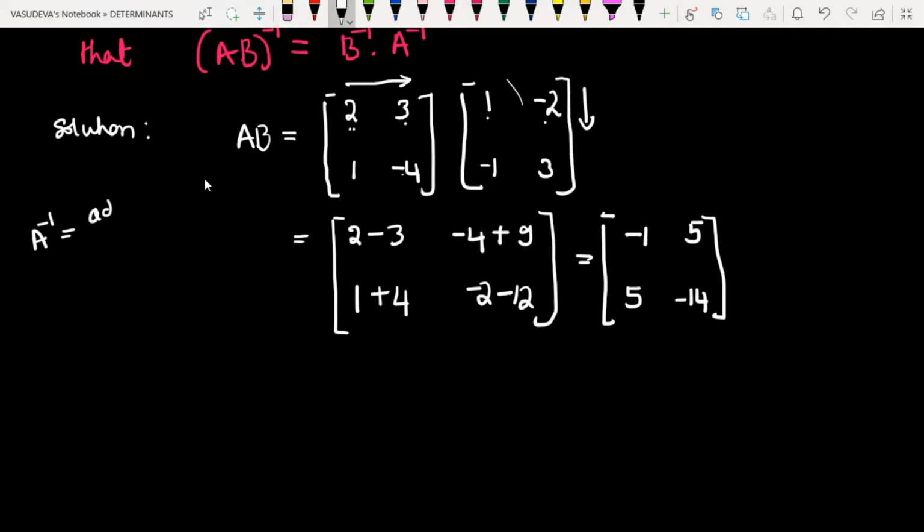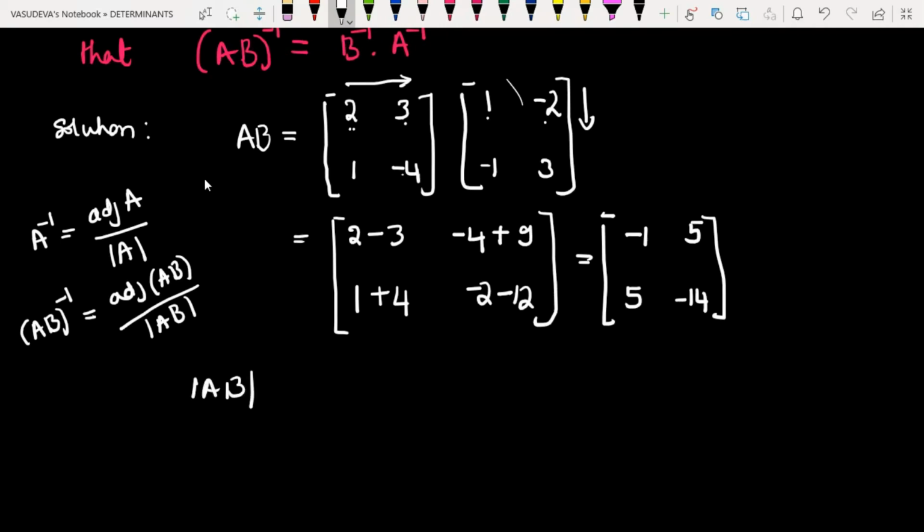A inverse is equal to adjoint of A divided by determinant of A. So to find AB inverse, we have to find out adjoint of AB divided by determinant of AB. We need this. So we have to find out the determinant of AB first. Let's take determinant of AB.